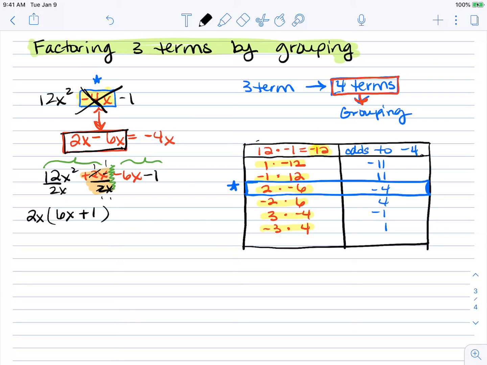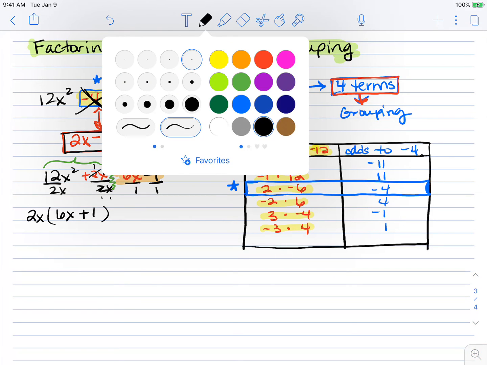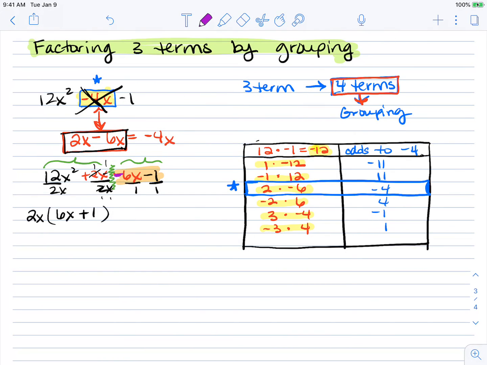Okay. Now that I've done my first group, I'm looking at this second group, and I want to figure out what divides out of both of those terms. The number that divides out of both of these terms is 1, but I always want to use the sign of this third term.